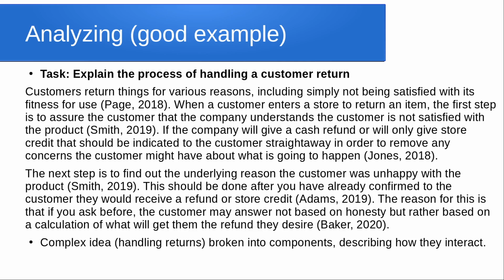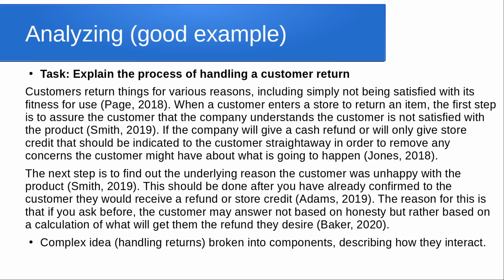The next step is to find out the underlying reason the customer was unhappy with the product. Smith, 2019. This should be done after you have already confirmed to the customer they will receive a refund or store credit. Adams, 2019. The reason for this is that if you ask before, the customer may not answer based on honesty, but rather based on a calculation of what will get them the refund they desire.